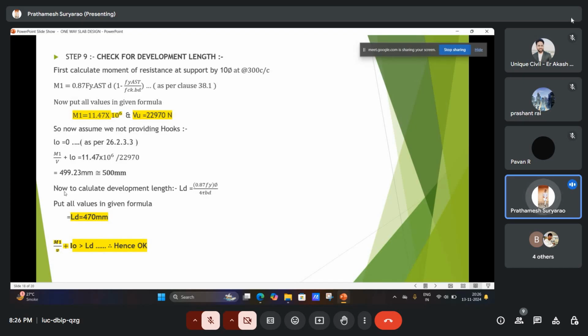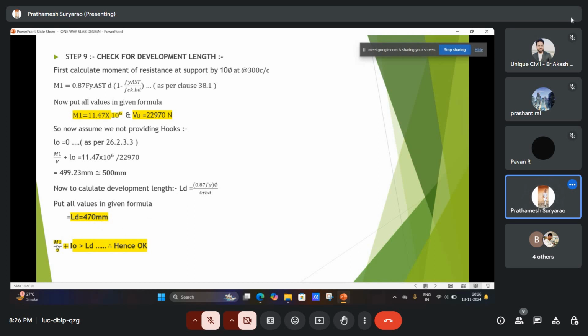Now we have to calculate the development length. What is the formula for development length? Ld equals 0.87 Fy dia upon 4 tau bd. Putting all the respective values in this equation, we will get development length Ld equals 470 mm.